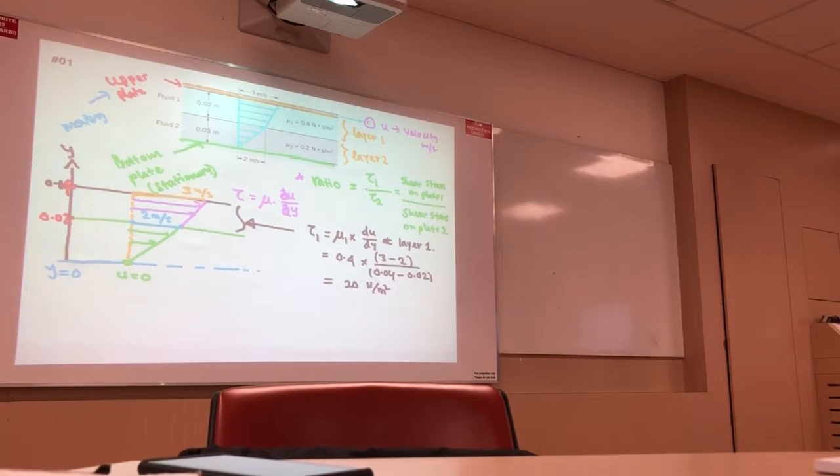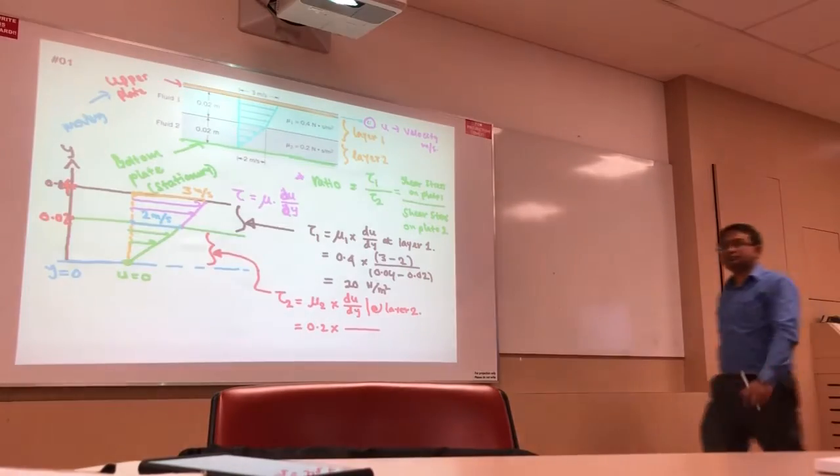Right? Now I am looking at layer number 2. At layer number 2, I can get tau 2, right? mu 2 times du by dy at layer 2. Then I can write what is the value of mu 2. Mu 2 is given here, 0.2. What is du? Tell me.